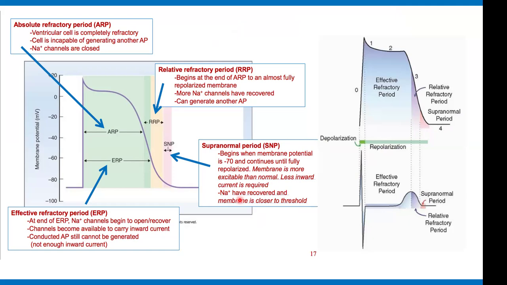During the effective period it is completely or relatively refractory. But then there's the absolute period, and if you watch carefully, the absolute period is completely refractory. There's nothing that you can do to stimulate another action potential.